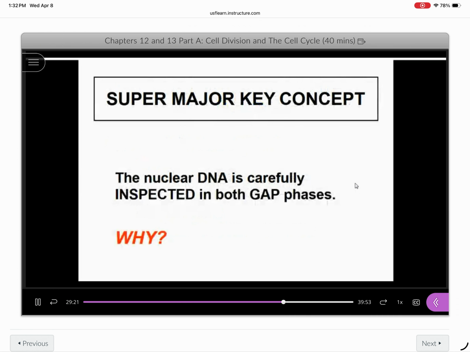But I guess I'm just telling you the answer verbally. So the reason why this is done is really to prevent mutation, to prevent a permanent change in the cells.